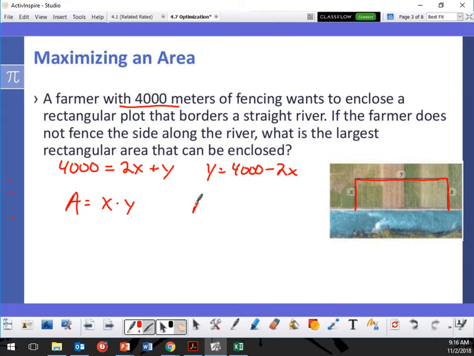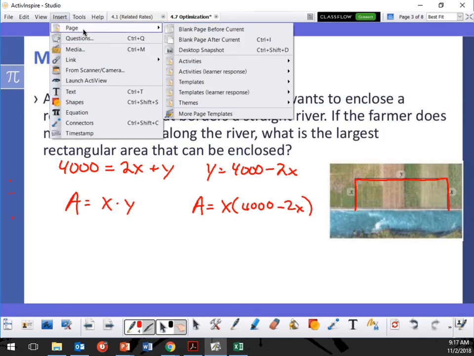So I know that A will be equal to x times the quantity 400 minus 2x. Since we're maximizing this, I need some more room, so I'm going to insert a blank page. So I have my area equals x times the quantity 400 minus 2x.